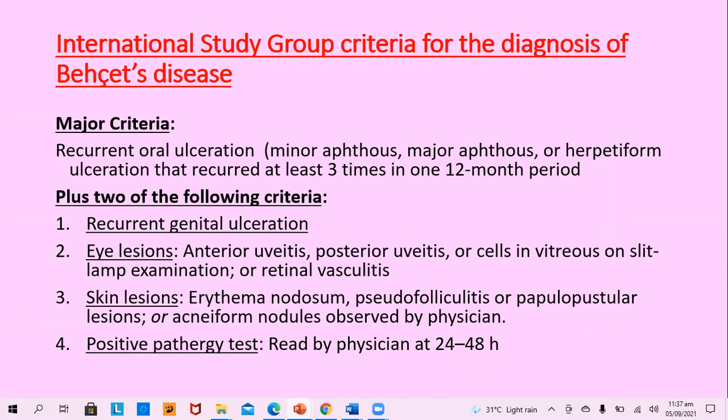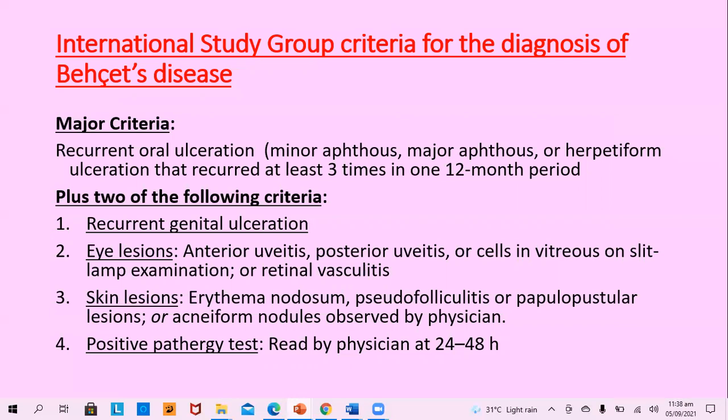In addition to this major criterion, there have to be 2 minor criteria, and the minor criteria are 4 in total. The first of the minor criteria is associated recurrent genital ulceration. Then second is the eye lesions. Eye lesions include anterior uveitis, posterior uveitis, cells in vitreous on slit lamp, or retinal vasculitis. Then the third criterion is skin lesions.